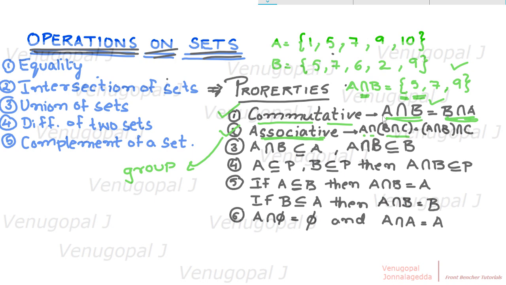Okay, so let's give it another set. Let's give another set which is C, which is equal to, and let's verify if it is right or wrong. Okay, so I will take 5, 11, 1 and 2, and let's verify.